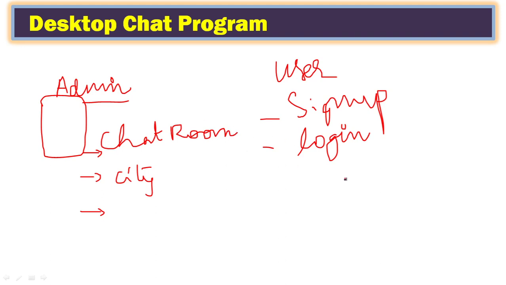Then log into the chat room and keep chatting. There are already other members, so with them you can also chat. In case they want private messages, they can send a private message to a particular user. For example, A1 can send back to A2, so they can make a private message.